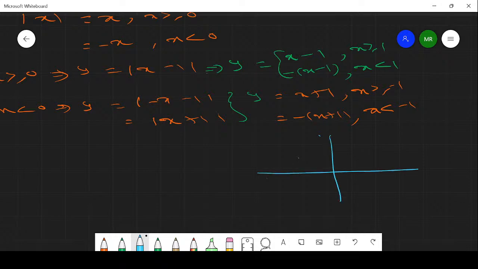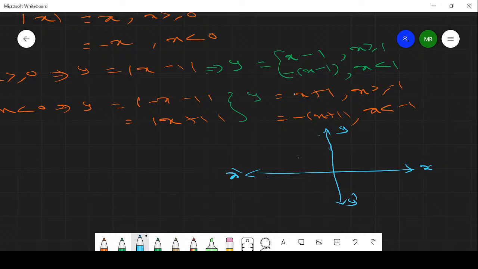You draw a line like this. So x axis, y axis, I can draw this. I have written x dash and x-axis. Correct. This is y dash.